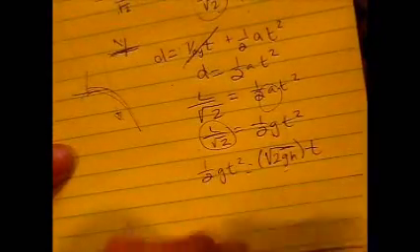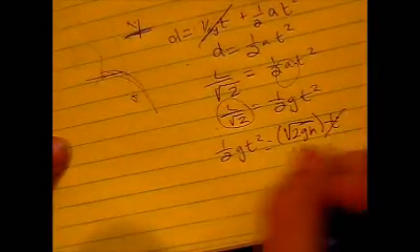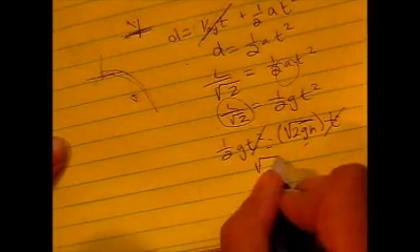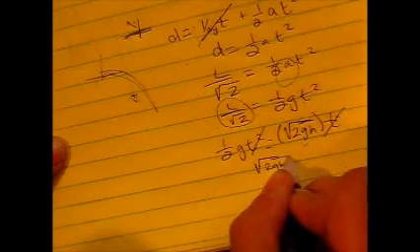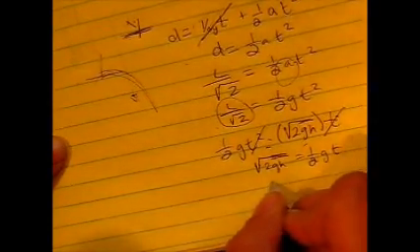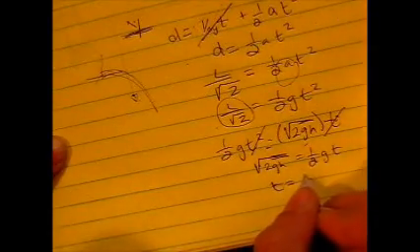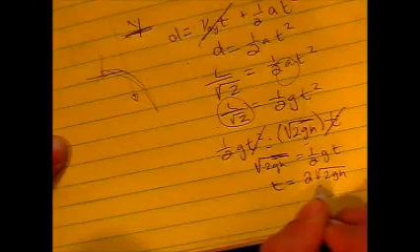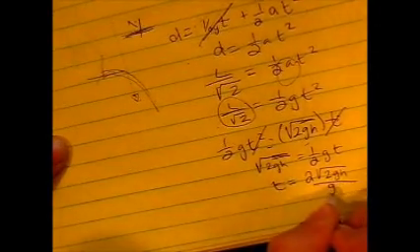Alright, and we can solve for time. The t gets canceled out, and you have rad 2gh equals 1/2 gt. T equals 2 rad 2gh all over g.